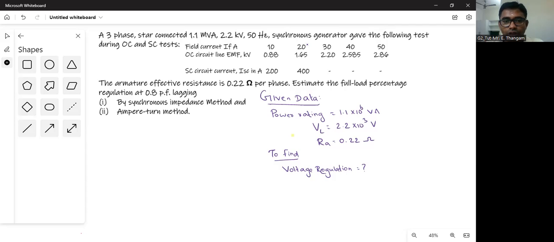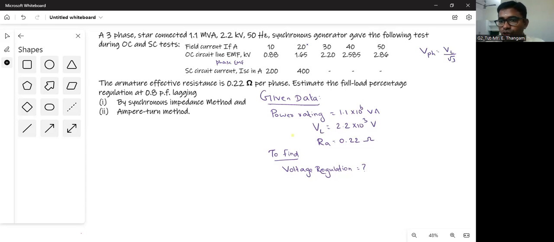First we need to convert into phase values. Since it is a star connection, I am going to calculate the phase EMF value. So 0.88 into 10 to the power 3 divided by root 3, right? For a star connection, if you want to calculate the phase value, we all know that V phase is equal to VL by root 3.